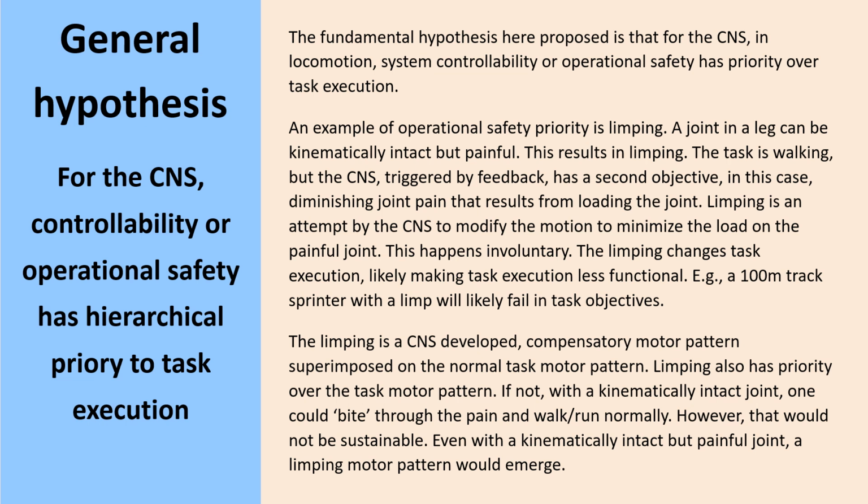The limping is a CNS-developed compensatory motor pattern superimposed on the normal task motor pattern. Limping also has priority over the task motor pattern. If not, with a kinematically intact joint, one could bite through the pain and walk or run normally. However, that would not be sustainable. Even with a kinematically intact but painful joint, a limping motor pattern would emerge.